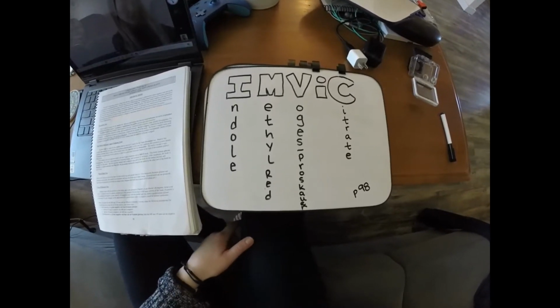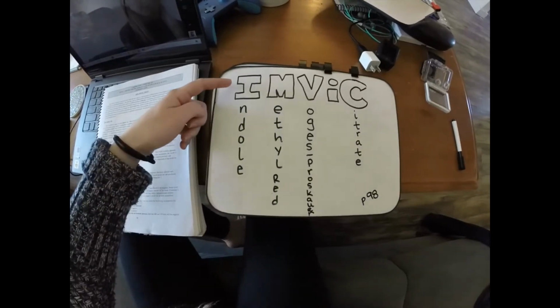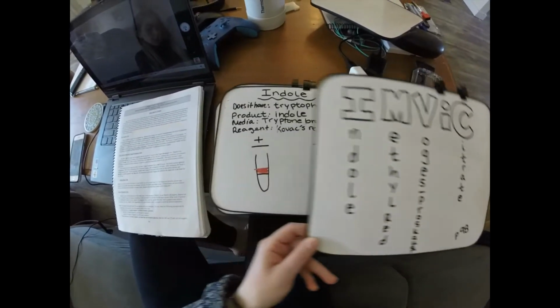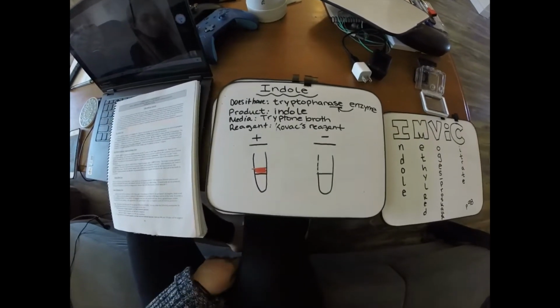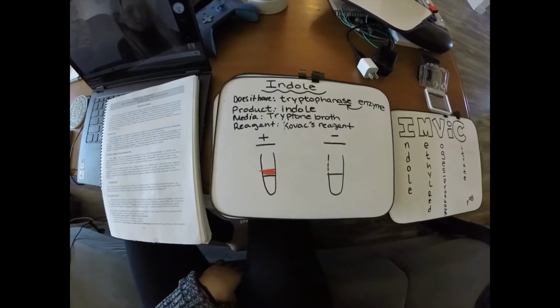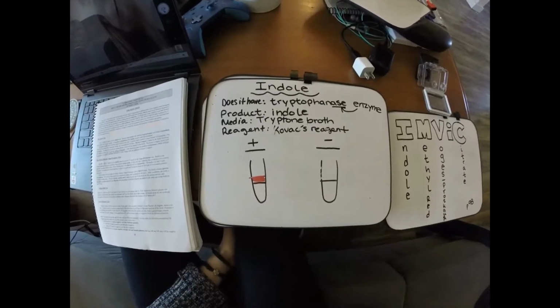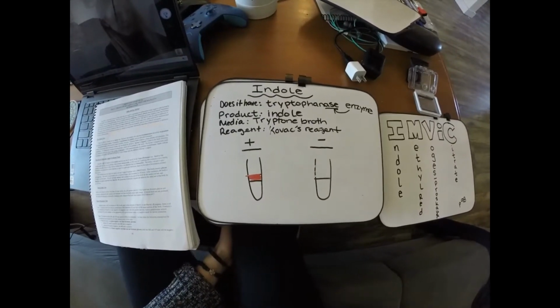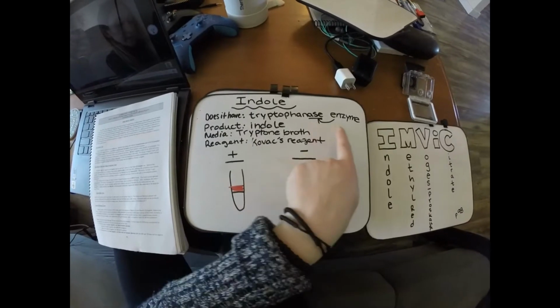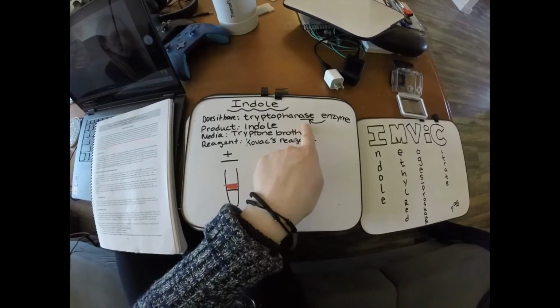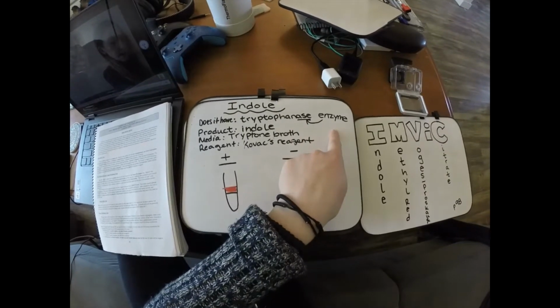The first one that we're going to go through is the indole test. So let's look at that. The indole test is looking for an enzyme, and that's tryptophanase. The ASE indicates that it's an enzyme, so whenever you see that ending, you can recognize it's an enzyme.